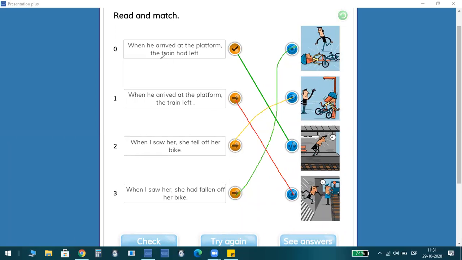Yes, and the other one should be this one. Okay, so let's see the difference between both of them. Let's have a look at the other train one. When he arrived at the platform, the train left. The train had left. So we have past simple when he arrived and the train left. Here we have past simple when he arrived, the train had already left. What's the difference between these two?